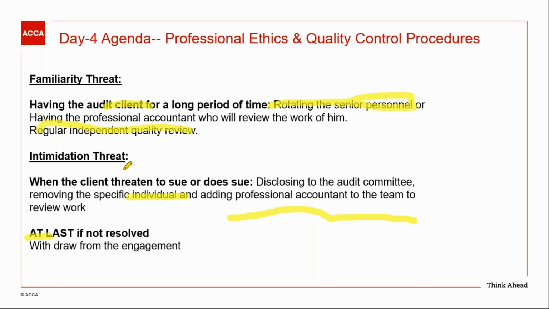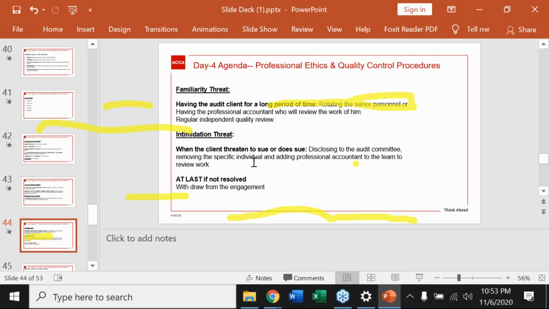When you are pressurized by the client, you should disclose it to the audit committee. Or you can withdraw from the engagement. You can withdraw from the engagement.